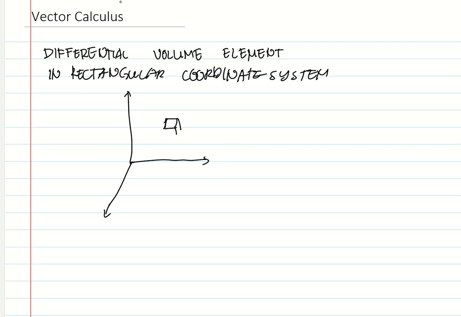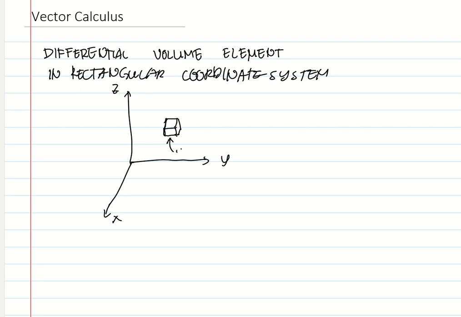So what are the sides of this rectangular prism? It depends on the direction of those sides. So this is z, this is x, and this is y. So this length here is in parallel with the y-axis. So we can say that is with respect to y, but it's a very, very small length.